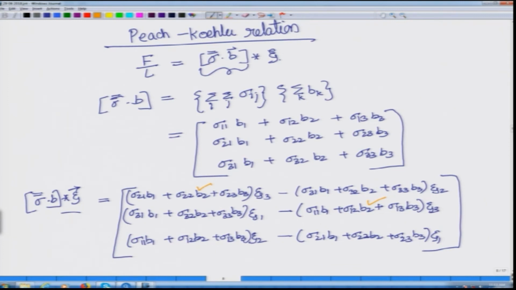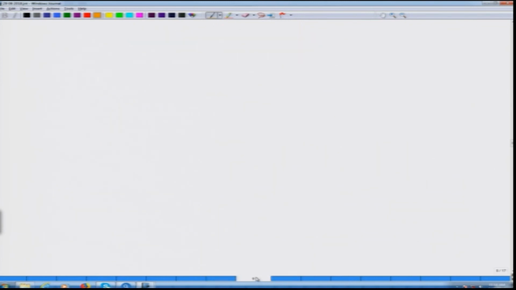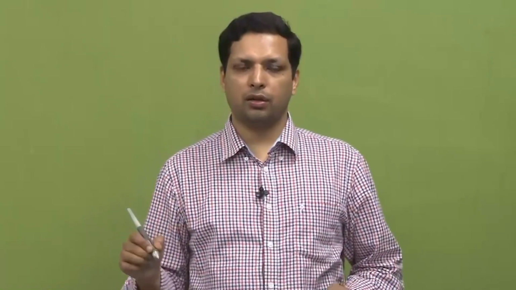So, coming back to our first example that we looked at, where we had to find the force on a dislocation, and we assumed that the stress is being generated because of an edge dislocation. We showed a relation. Now, you can obtain that directly from here.